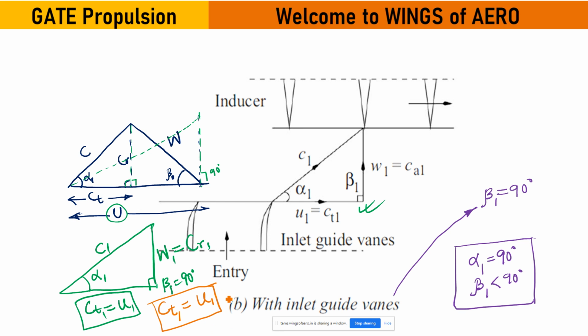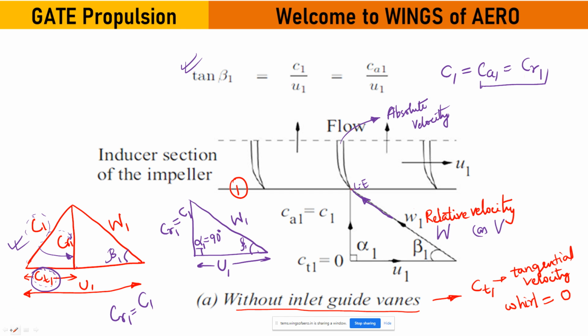So if they are giving this condition, you have to judge it is an inlet guide vane. Or they might give you this expression, that the relative velocity is equal to the radial velocity or axial velocity. That means you have to understand the question is trying to obtain the inlet guide vanes. Okay, next let's move to the previous one.